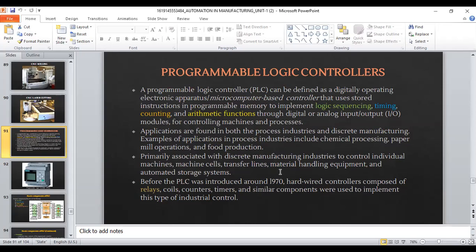How does that happen? Using sensors, you will sense this component is there, and based on the schedule, that component should be taken to another workstation at that time. So that PLC will handle, right? The brain of that material handling equipment, we can say, would be this system, and also the automated storage system as well.